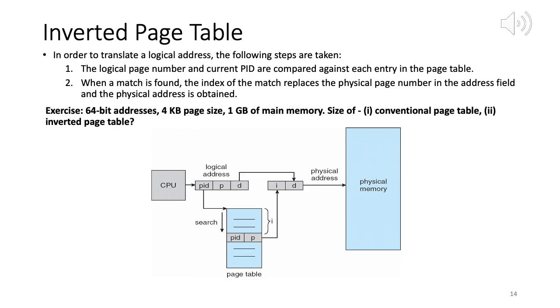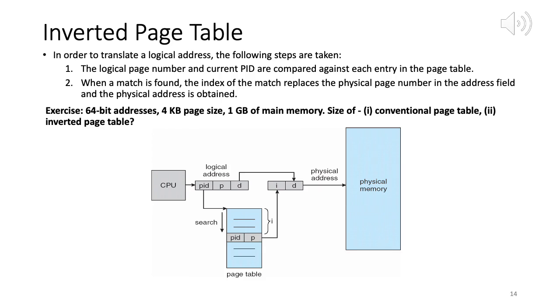Okay, so I hope the concept of the inverted page table is clear. Today we covered two important kinds of page tables. The first one was the hierarchical page table. The issue there was that the size of the page table can be significant, and we may not be able to find contiguous memory for storing it. So what we do is page the page table.